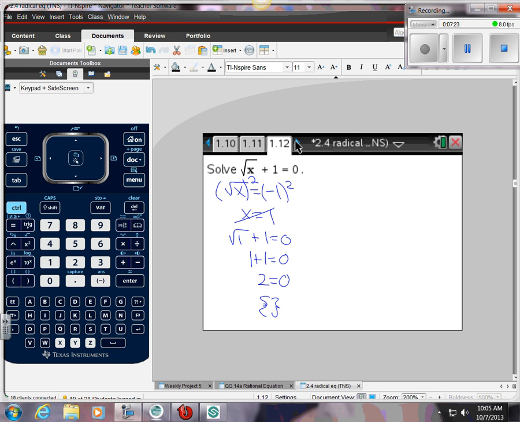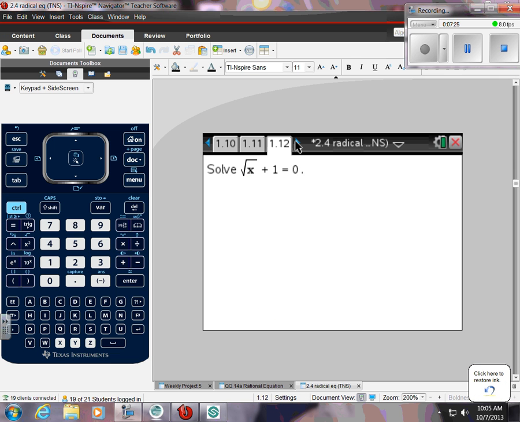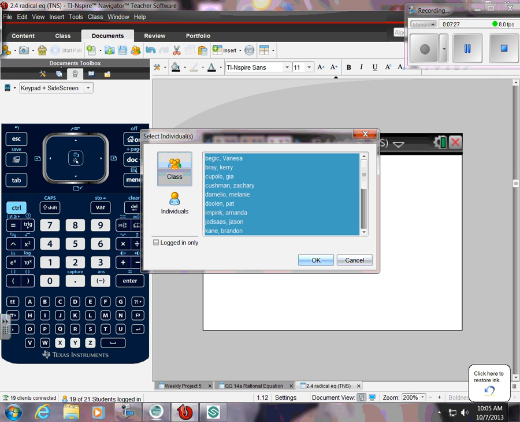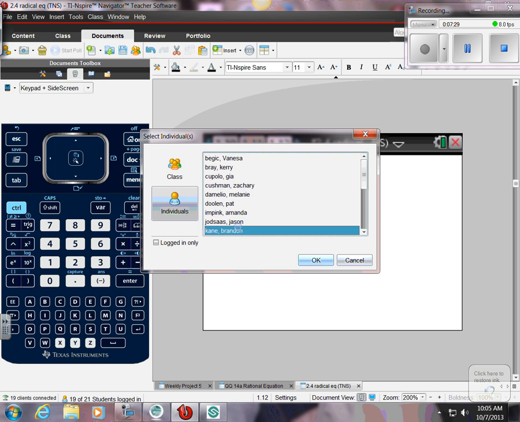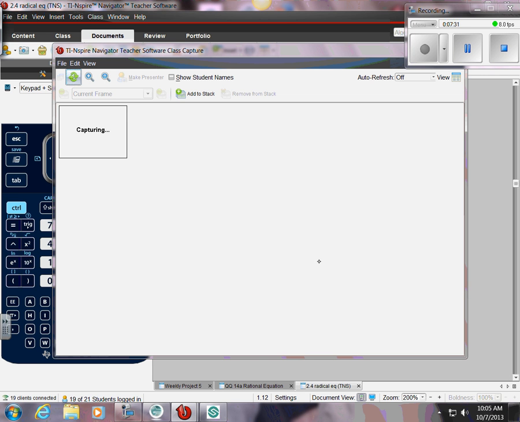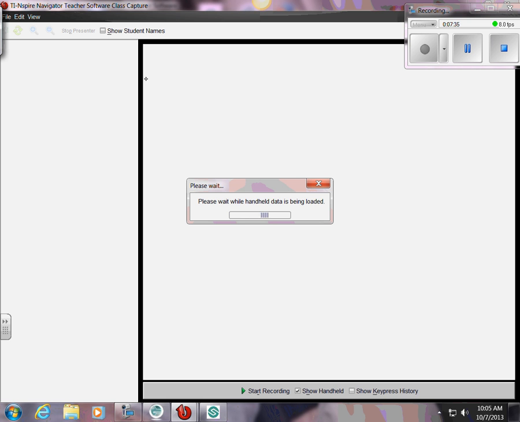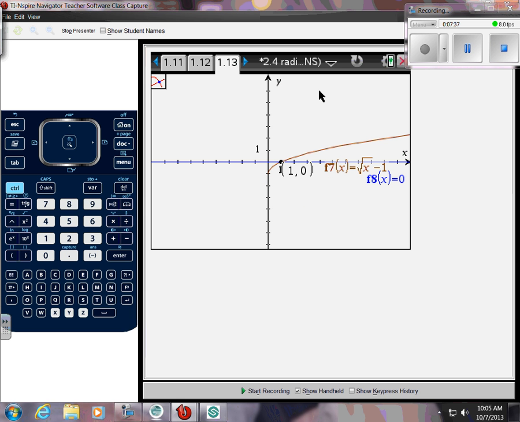So let's take a look and make sure it's on your calculator. Let's take a look at what Brandon's calculator looks like. Okay, so here's Brandon's calculator, right? Brandon graphed it wrong. He's gonna fix it right now, so he can show us what it really looks like.